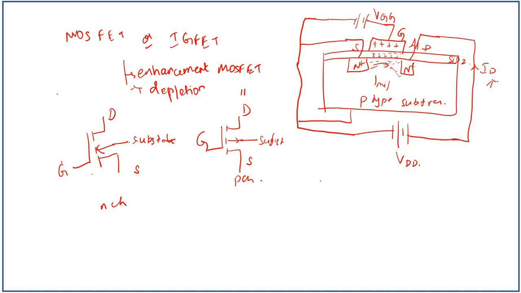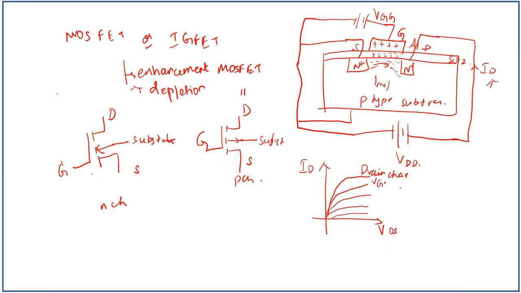Here we have the drain and transfer characteristics. The drain characteristics is drawn for VDS and ID for different VGS voltages.